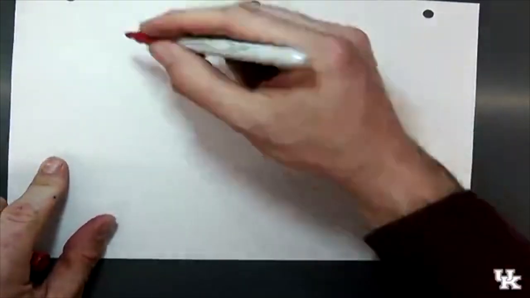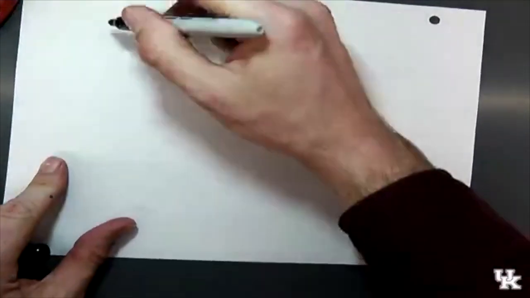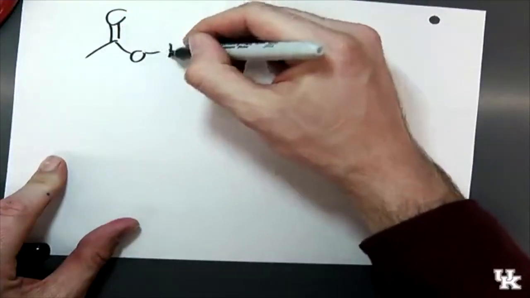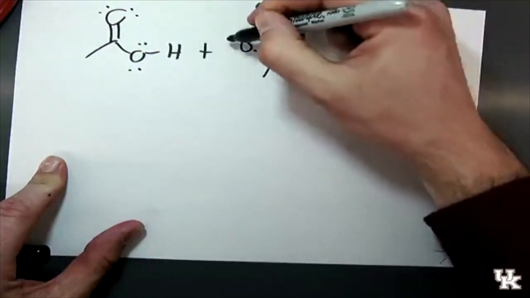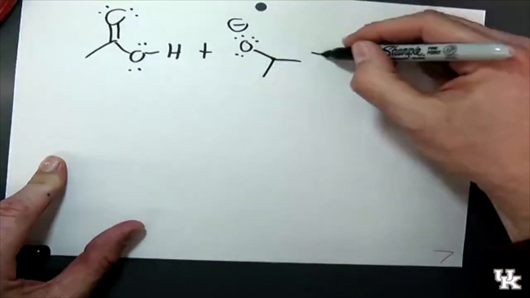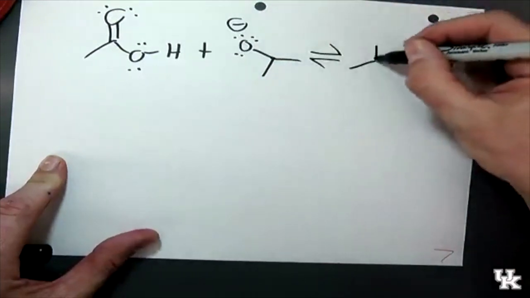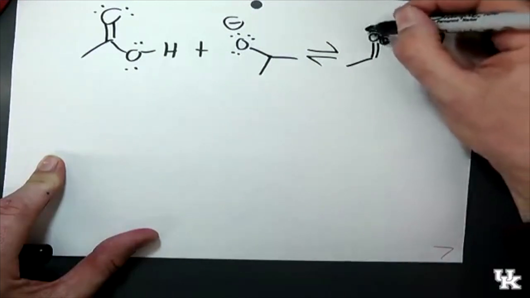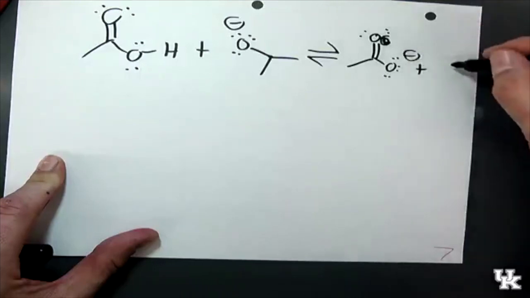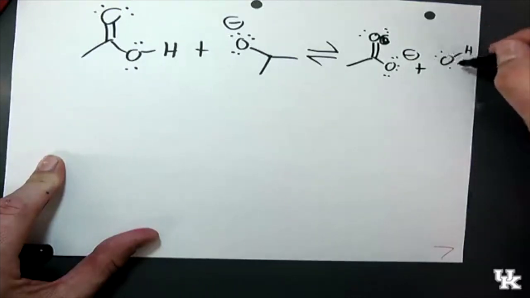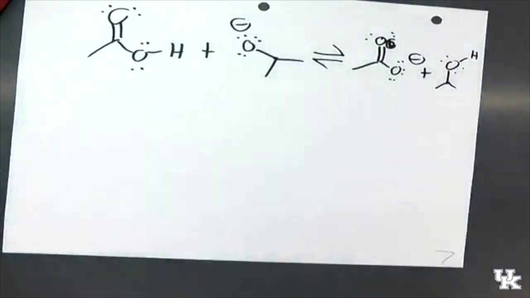But that wasn't the only place we had arrow pushing. We actually also did arrow pushing in Chapter 3 in the acid-base section because we had some very simple reactions that looked like this. Hopefully you guys remember that.